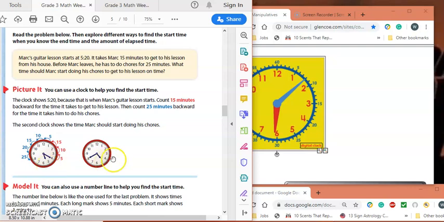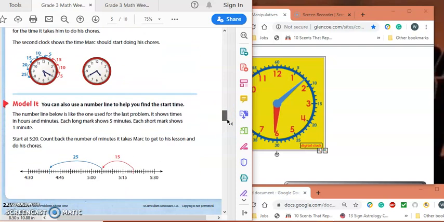Okay, let's go on to modeling it. You can also use a number line to help you find the start time. The number line below is like the one used for the last problem. It shows times in hours and minutes. Each long mark shows 5 minutes and each short mark shows 1 minute. We're going to start at 5:20 and count back the number of minutes it takes Mark to get to his lesson and do his chores.